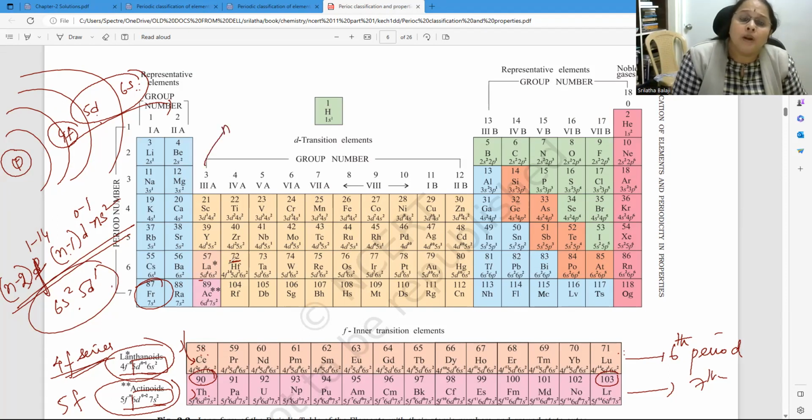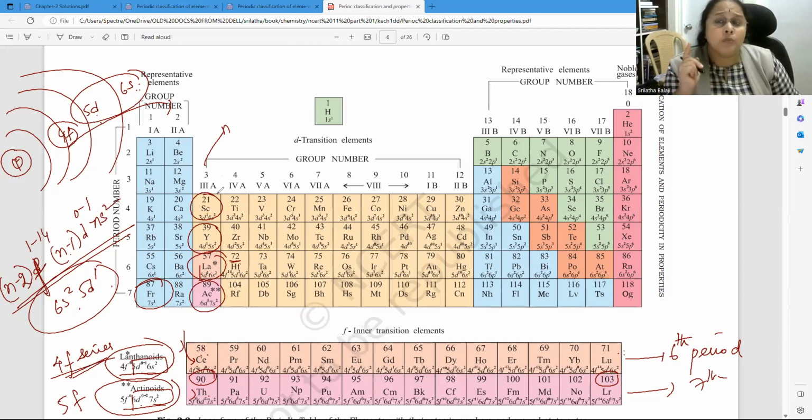Is it not group number 3? See here. Same thing for actinoids: 5f, 6d1, 7s2. Even if I pick 6d1, 7s2, that again belongs to group 3. So lanthanoids and actinoids both belong to which group? Group 3.